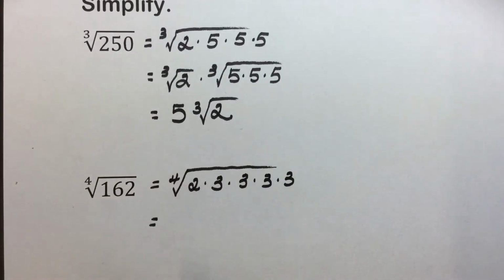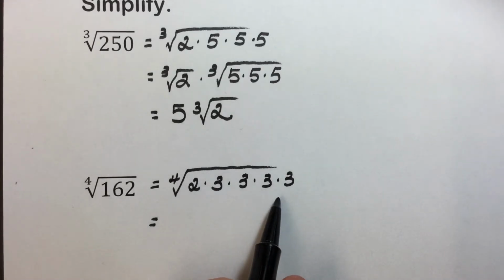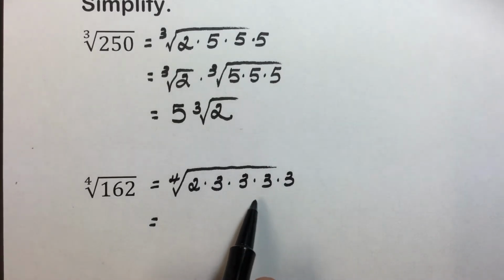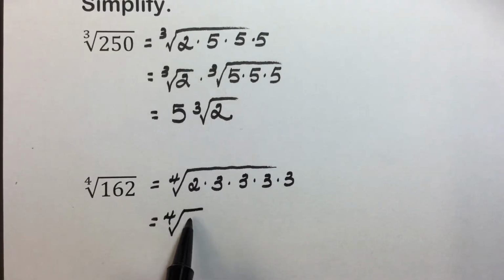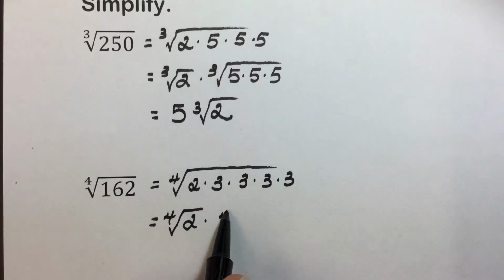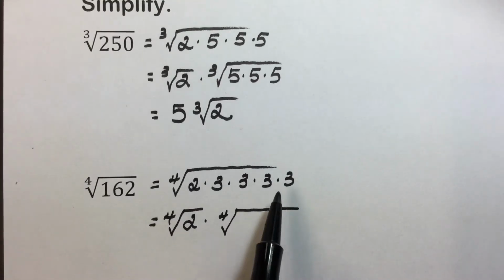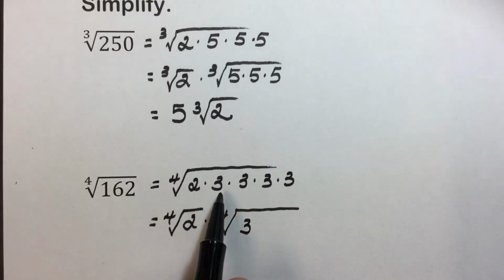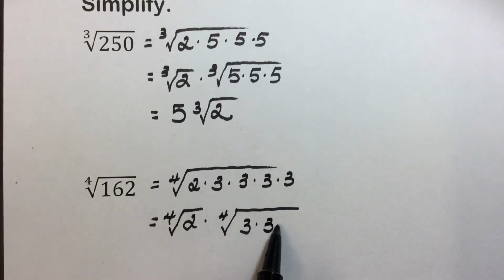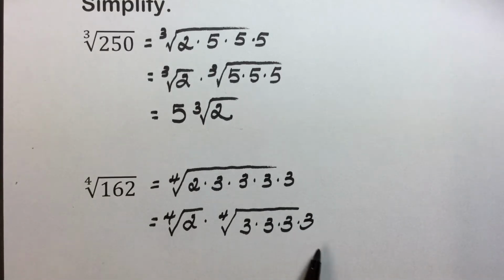Breaking this apart using our product rule, this fourth root of this factorization is equivalent to the fourth root of 2 times the fourth root of, if we left it as our 81, or because we have the 4 3's multiplied together, we can clearly see that we have a perfect root here.